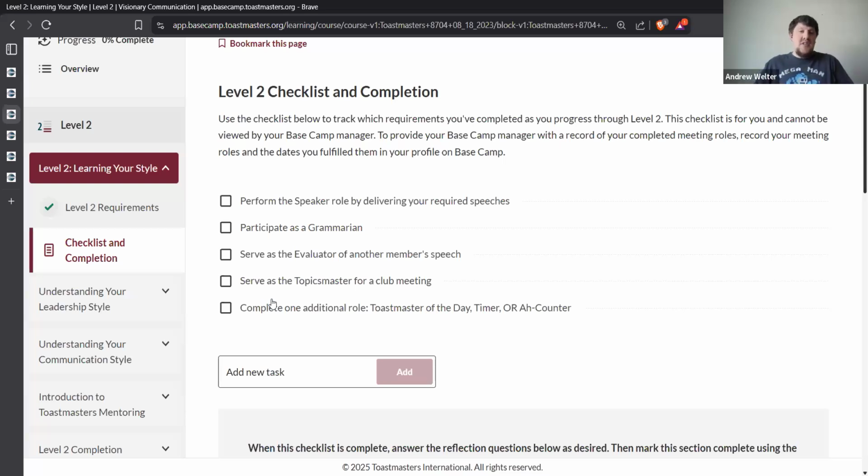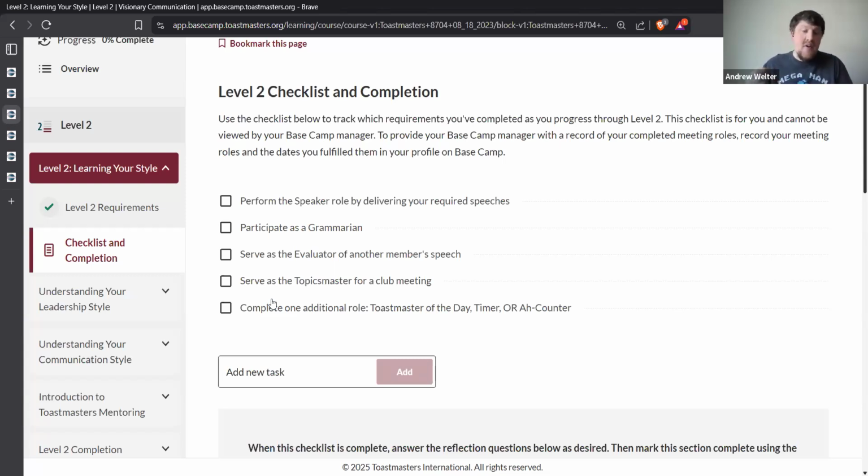Now, we brought up about dates. Here's why the dates are important: it's because of the way that Toastmasters has rolled this out and the wording that they have.